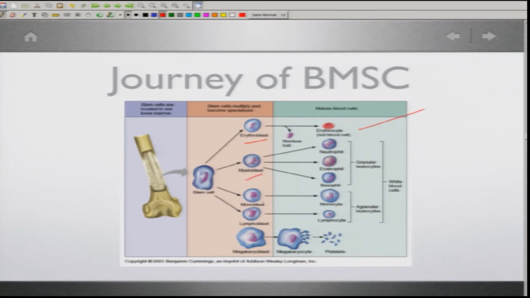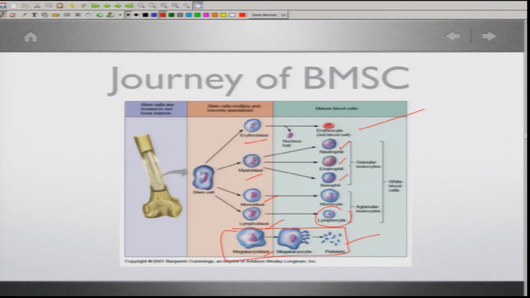myeloblast, monoblast, lymphoblast, megakaryoblast. The megakaryoblast fate is forming platelets, whereas monoblast forms monocytes, lymphoblast forms lymphocytes, and myeloblast forms three different fates: neutrophil, eosinophil, basophil.